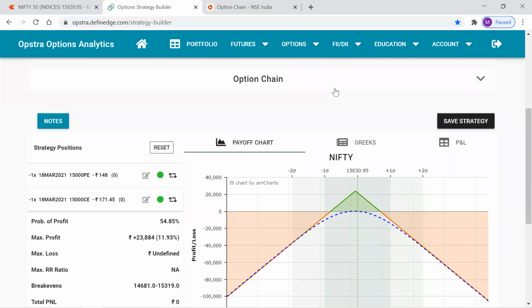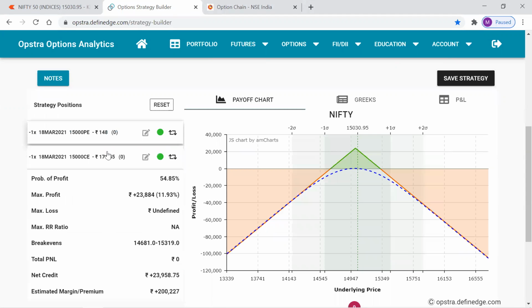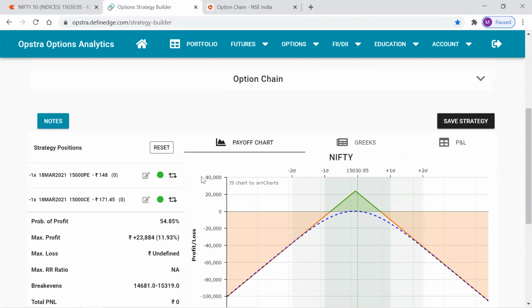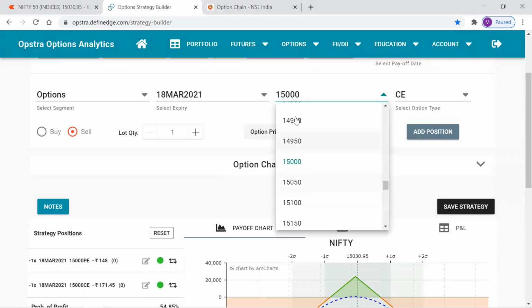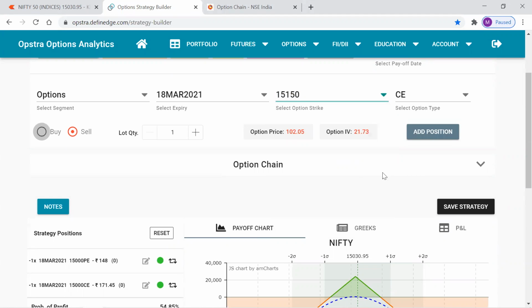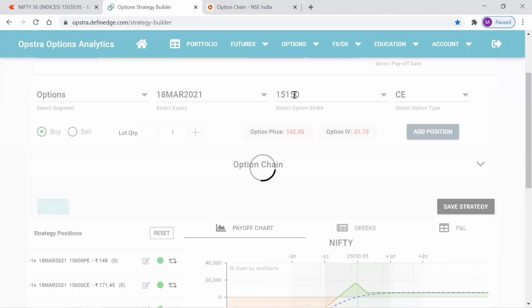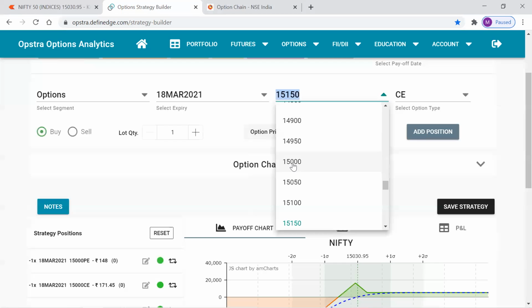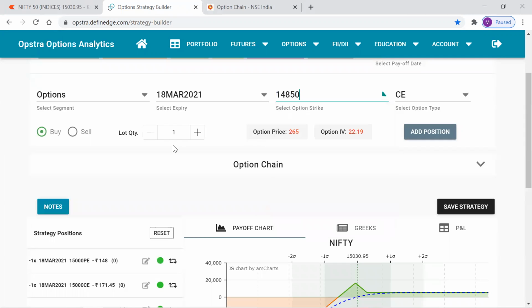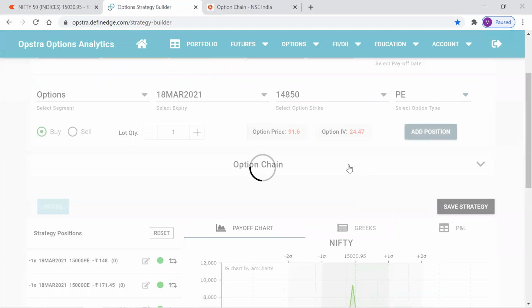Then I have added these two, which is close to 300, divided by 2, which is 150. So add 150 to 15,000, which is 15,150 call option, buy. And subtract 150 from 15,000, which is 14,850. Select put option, buy. That's it.